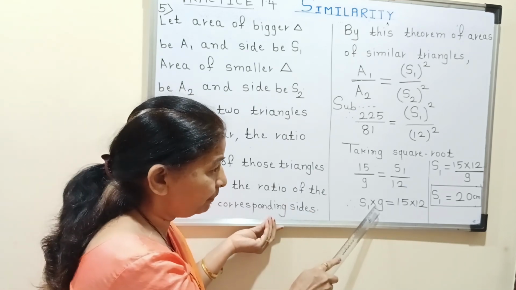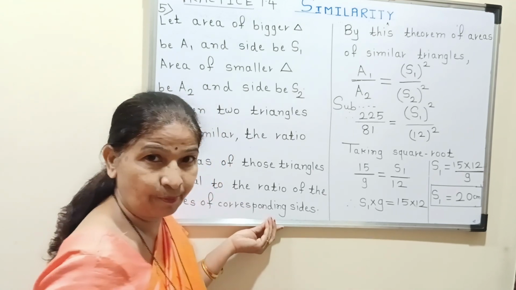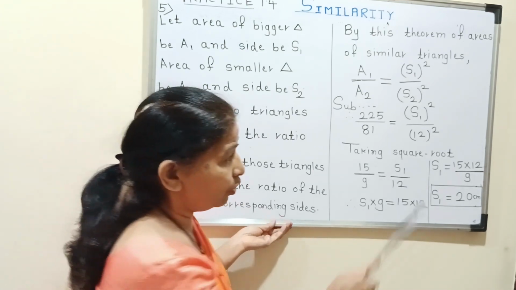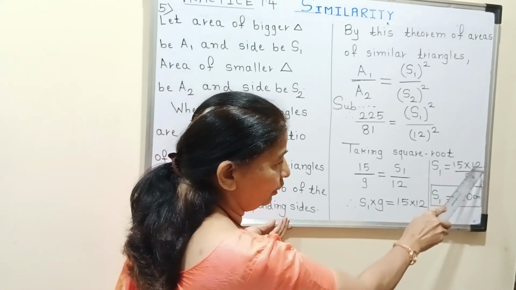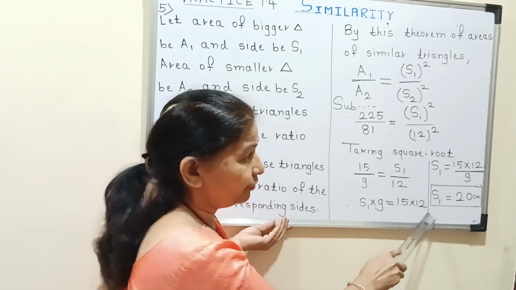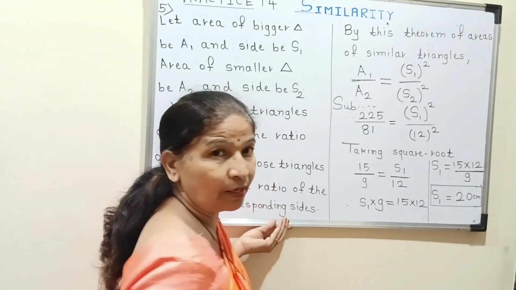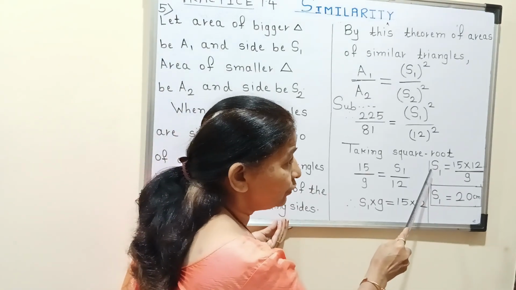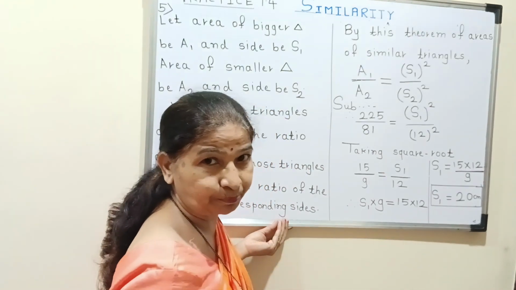I am shifting this 9 from the LHS to the RHS, so multiplication will become division. So S1 is equal to 15 into 12 upon 9.